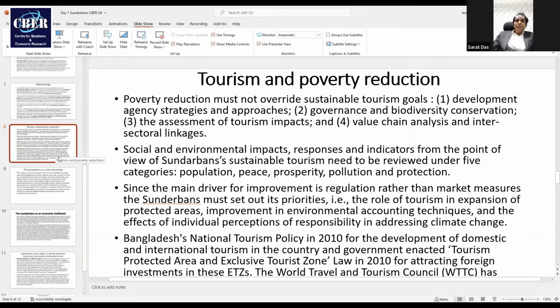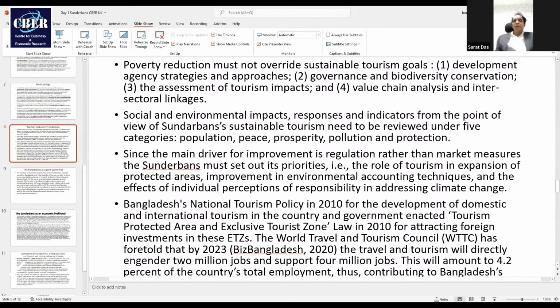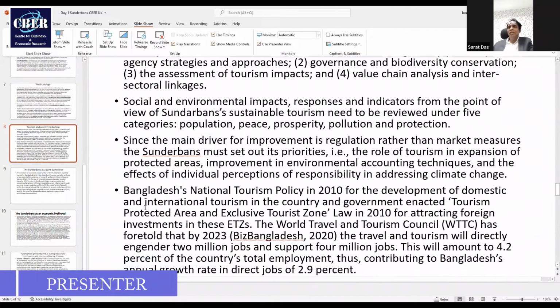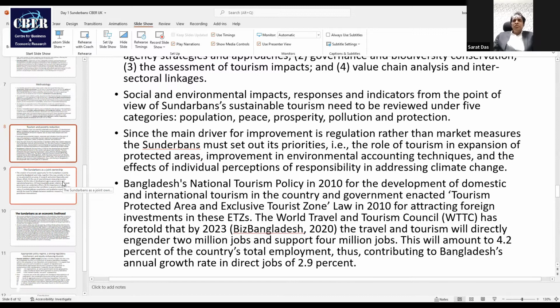Because it involves a lot of stakeholders, there are about 2 million jobs and about 4 million support jobs that are all dependent on the Sundarbans. If you talk about Bangladesh alone, more than 4% of people are dependent on the Sundarbans. So you can understand the stakes in this process. The next is the debate about joint ownership.